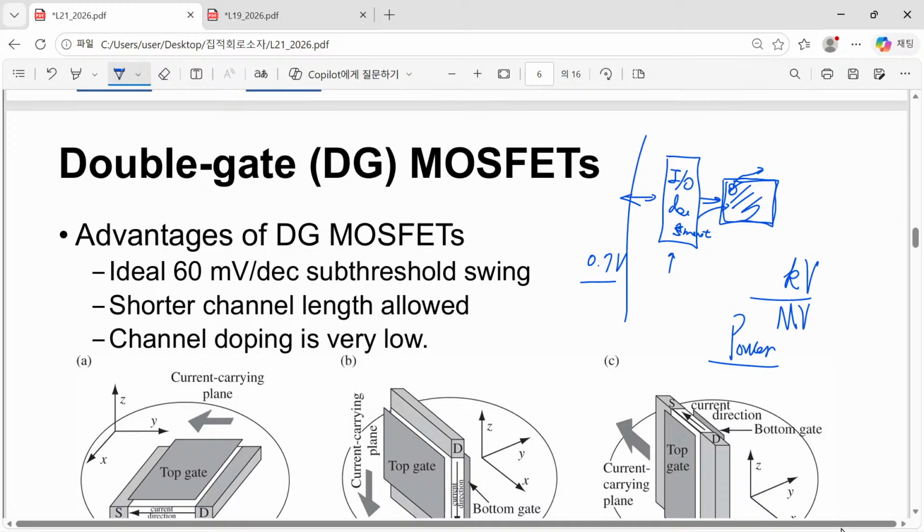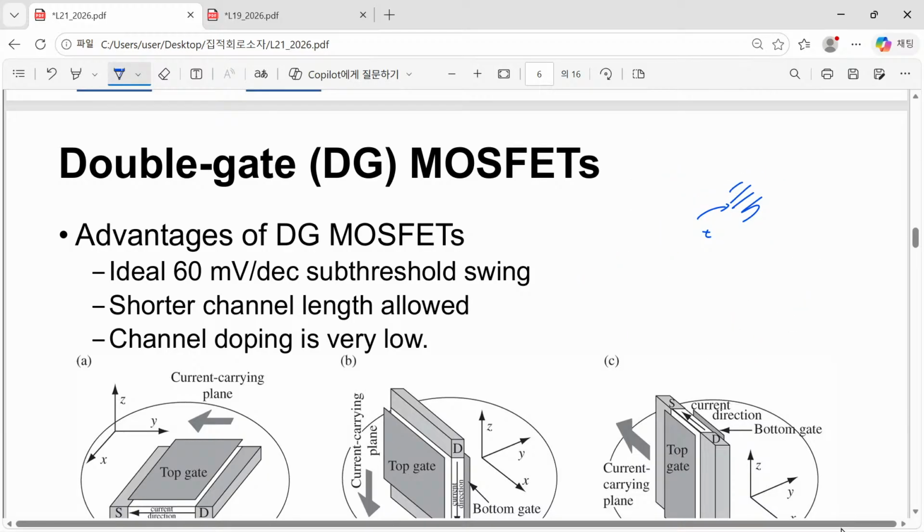Actually, that should also be controlled by our semiconductor devices. Some companies should fabricate certain power devices. In that case, our transistor should operate quite normally even when we apply kilovolts to its drain side.